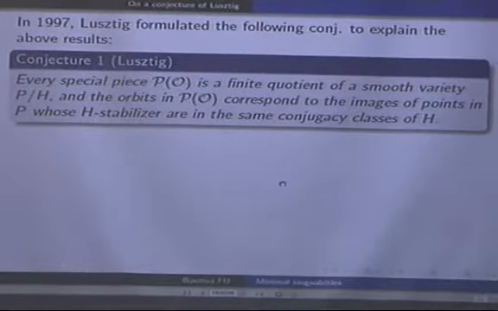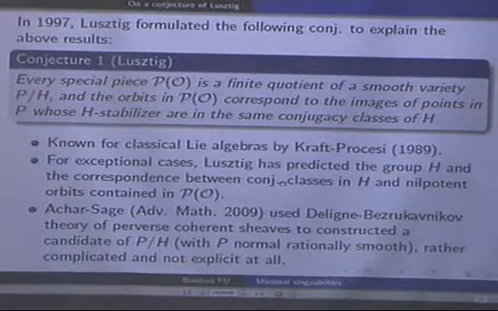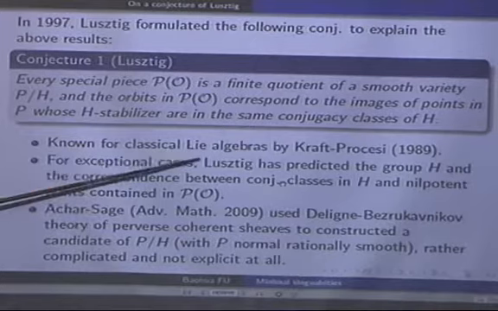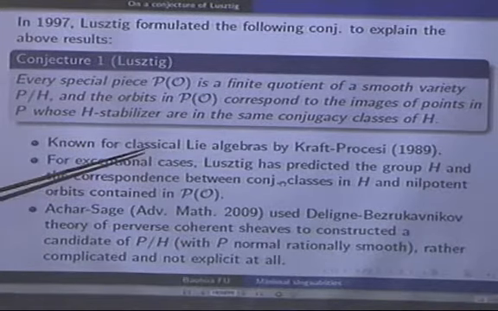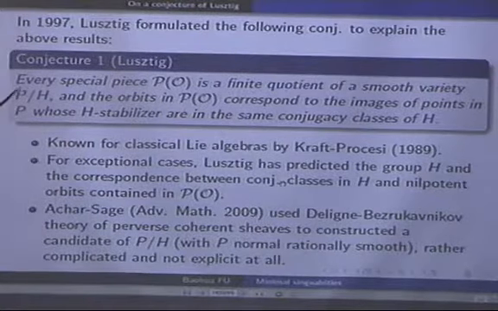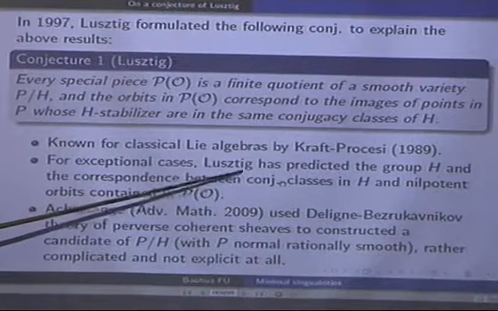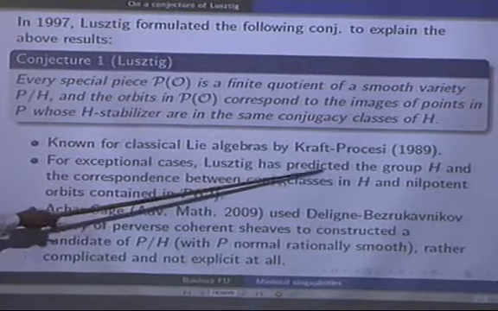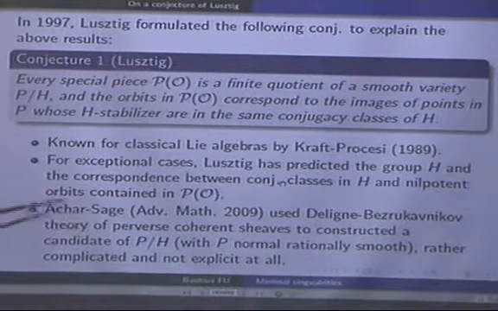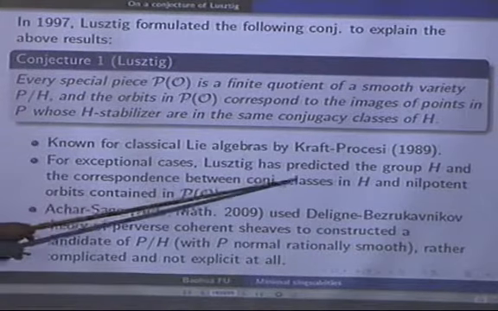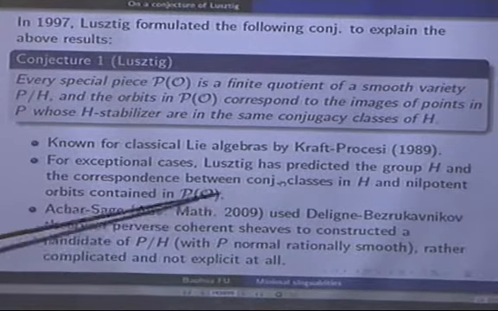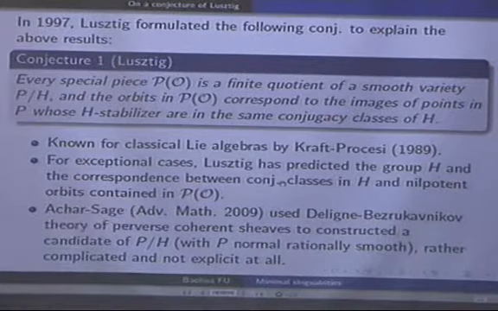For classical Lie algebras this is known by Kraft and Procesi. They used some elementary constructions and constructed P and H. And for the exceptional case, Lusztig in the same paper predicted the group H and also the correspondence between the conjugacy classes in H and the orbits contained in the special piece.